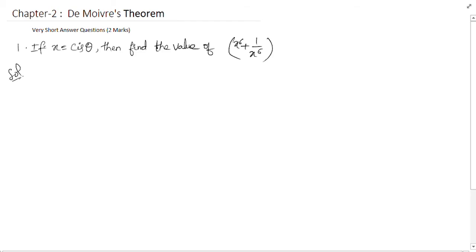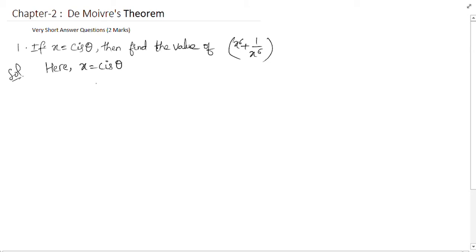The first problem: if x is equal to cis theta, then find the value of x^6 plus 1 by x^6. So we'll find the solution for this problem now. Here it is given that x is equal to cis theta, right?